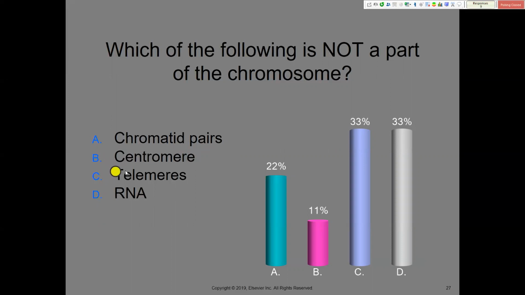A telomere is a non-coding part of the DNA that tells when the chromosome starts and stops, so that is part of a chromosome. RNA was the duplicate map of the gene that is going to leave the nucleus and be read in the cytosol. That really has to do with protein synthesis and not as much reproduction. So the answer is RNA.